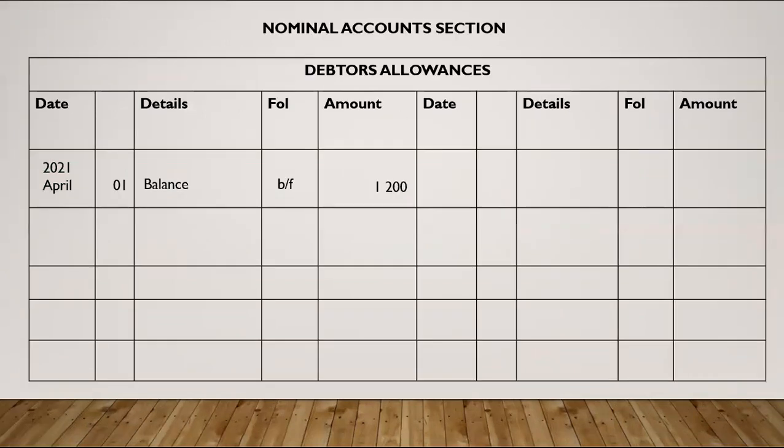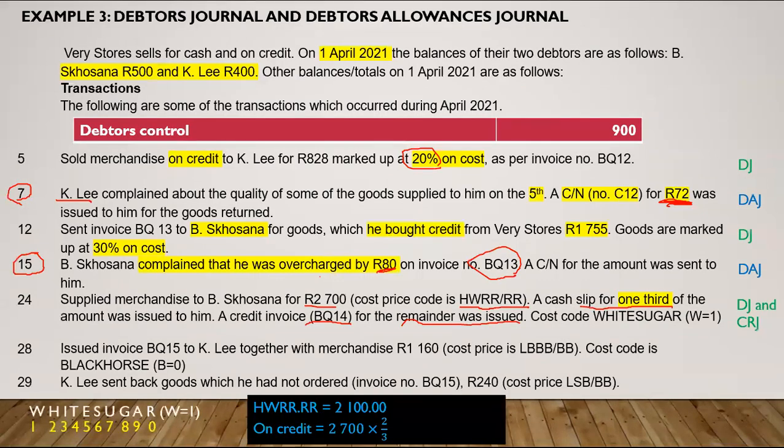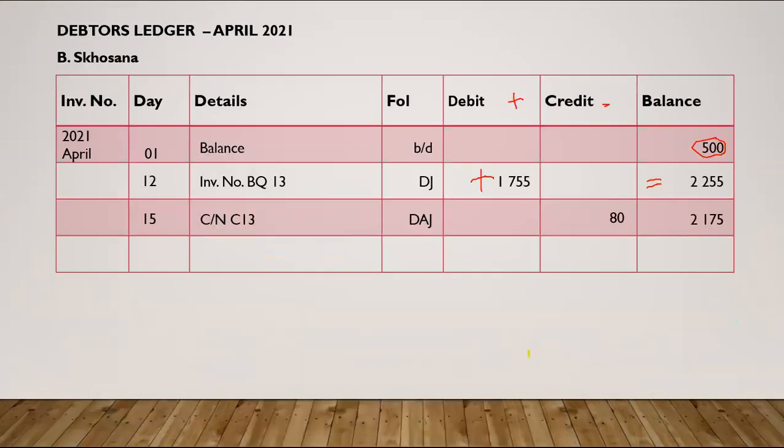We good? And as I said, we're going to record that 1,800 now, still under Beast Kosana, but now on the debit side. We'll have the 24th, and under details you will write invoice, which was BQ14.